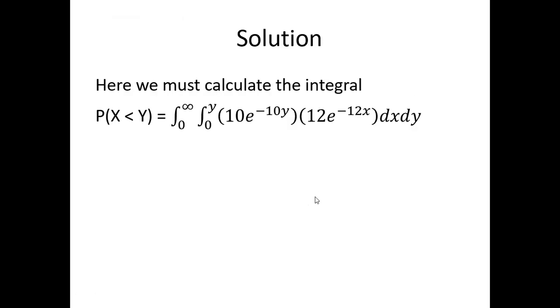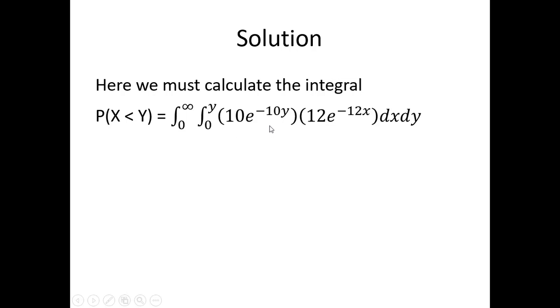Okay, so now we could use some of our tools. We need to calculate this integral. So here I want to look at the integral, and this would be sort of as y goes from 0 to infinity, and then in here the integral from 0 to y.